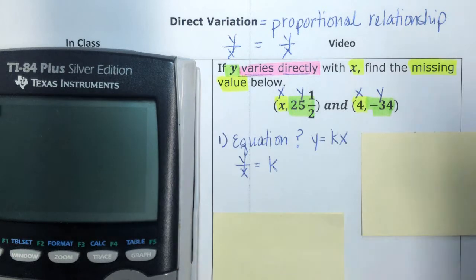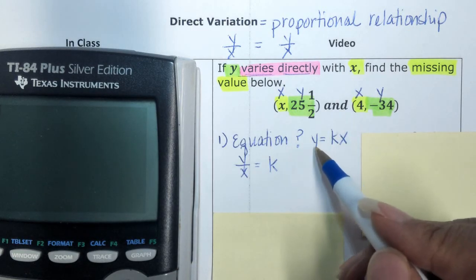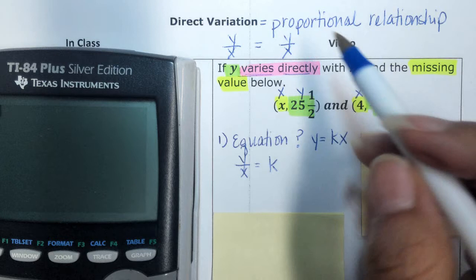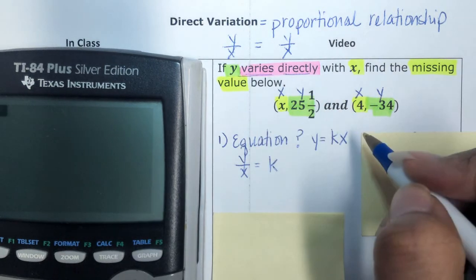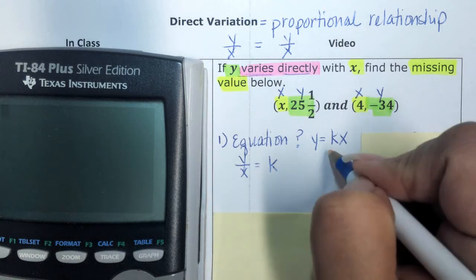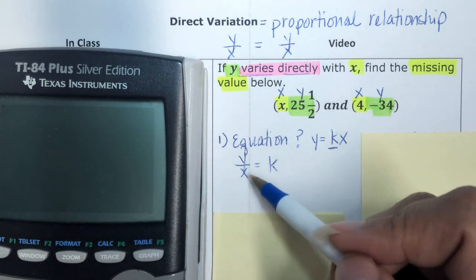So my first step is I need to figure out what the equation is. The equation is y equals kx, where k, which we knew as the constant of proportionality, now means the constant of variation. But they're the same thing, so you find them the same way. I need to figure out what this k value is. To determine the k value, I need to divide y divided by x.